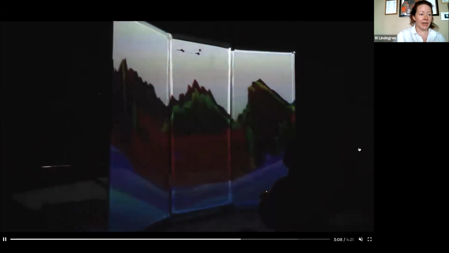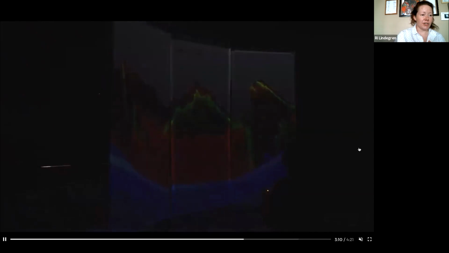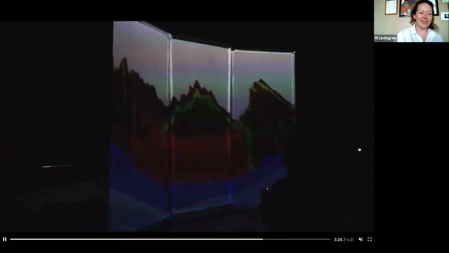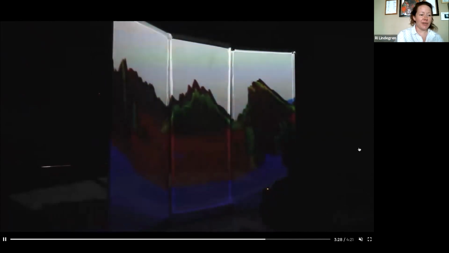For example, in mine, Dia Spectra, I was looking at the relationship between diaphragmatic breathing and the parasympathetic nervous system. So thinking about how you could calm down the nervous system that is on hyperdrive. Your sympathetic nervous system goes on overdrive many times in response to stress. So if you're in a stressful workplace environment, you need a way to calm down.